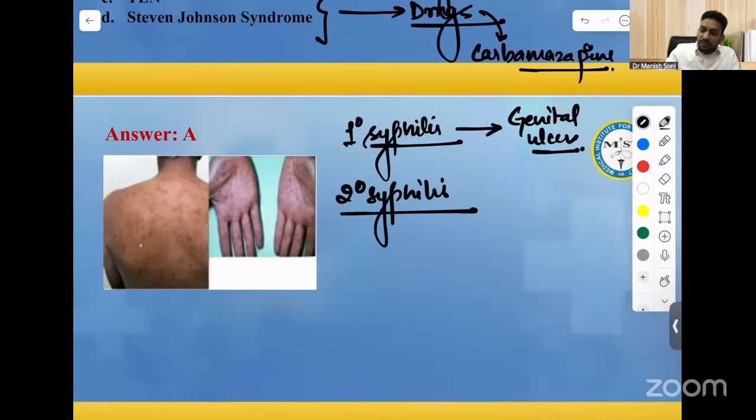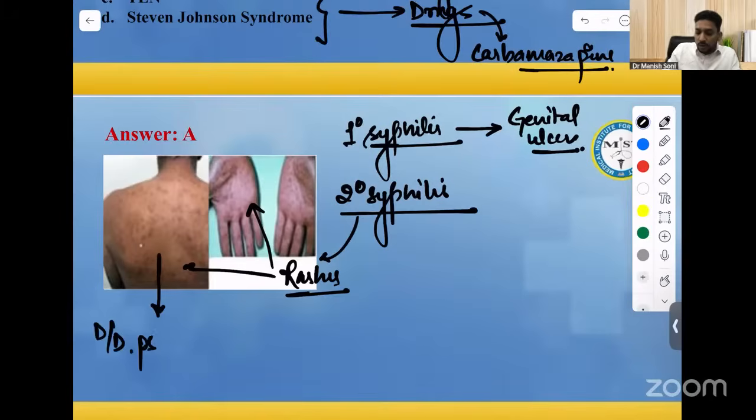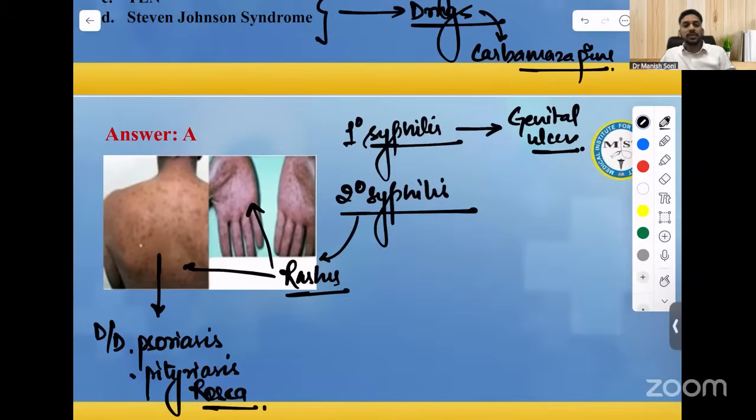So they present in the form of rashes. Rashes can be over the body, they can be over the palm. Now, when the rashes are over the body, they look like the lesions of psoriasis or pityriasis rosea. So that's why psoriasis and pityriasis rosea are the differential diagnosis for syphilis.